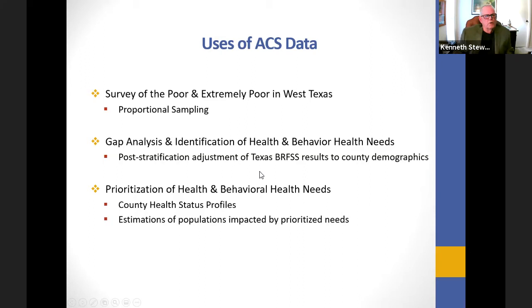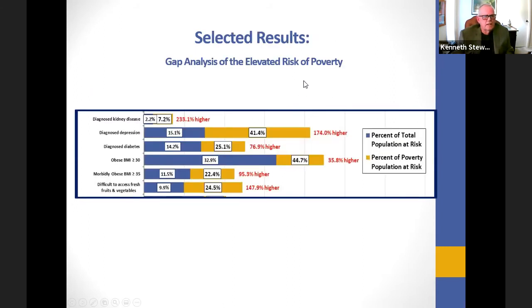And we also had our health partners create a series of health and behavioral health needs priorities. And we had to create estimations of populations that would be impacted based on ACS data in that context. This is an example of some of the items from the gap analysis, a short representation.